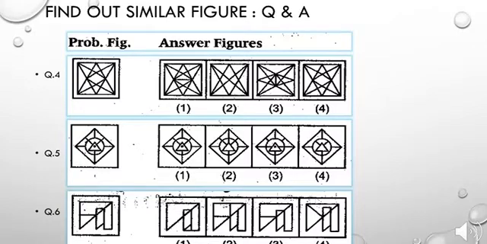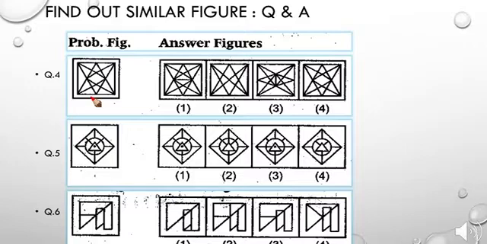Question 4. There is a problem figure given and there are 4 options given as answer figures. One interesting fact about solving similar figure problems is that there are many techniques, many ways to solve a problem.